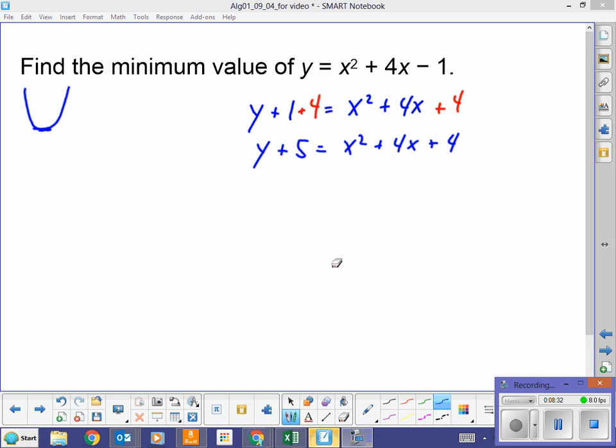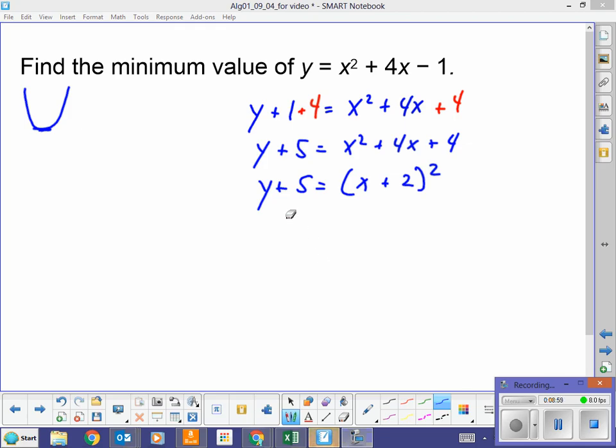Okay, and then we're going to factor this side into (x + 2)². And now if I take the square root of, actually I'm not going to take the square root of both sides.